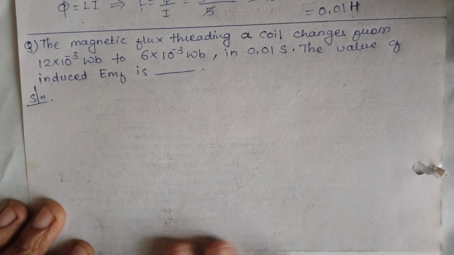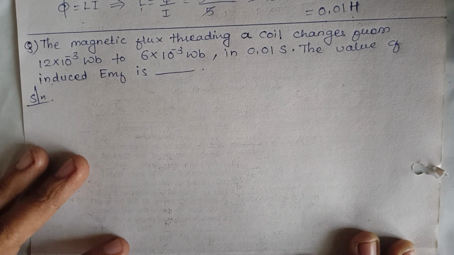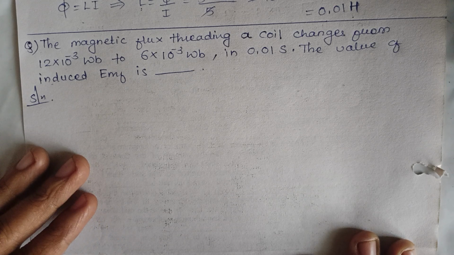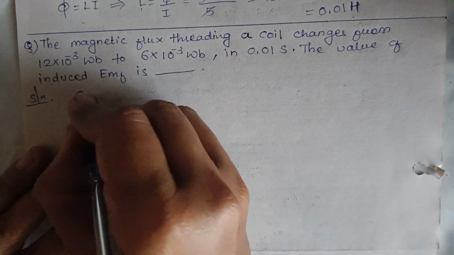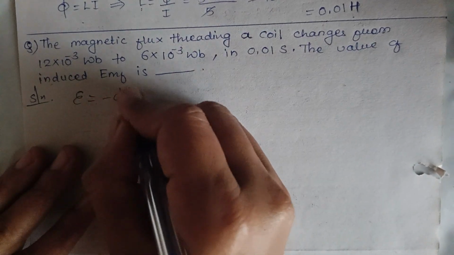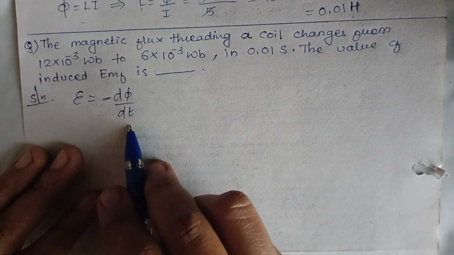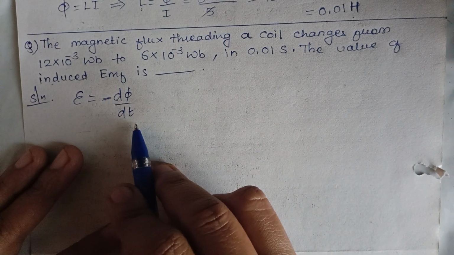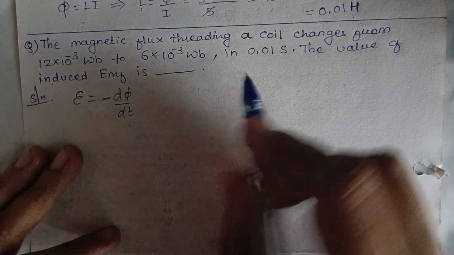Next question. The magnetic flux threading a coil changes from 12 into 10 raised to minus 3 Weber to 6 into 10 raised to minus 3 Weber in 0.01 second. The value of induced EMF. So how do we write induced EMF? Minus d phi by dt. So this is change in magnetic flux with respect to change in time, right? So here two magnetic flux values are given.